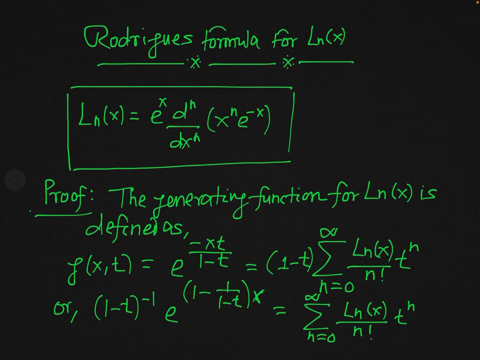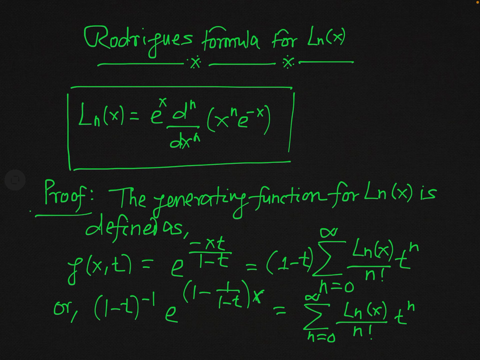If we consider that g(x,t) is the generating function for Ln of x, then it is defined as e^(-xt/(1-t)) over 1 minus t equal to summation over n from 0 to infinity Ln of x over n factorial t^n.